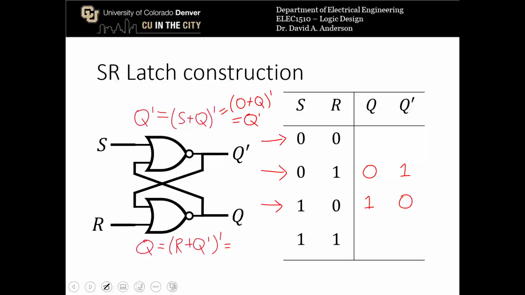Reset being 0 means that we get 0 or Q prime, so we just get Q out. So there's nothing more that we can say other than Q is equal to Q and Q prime is equal to Q prime. For all of these expressions, Q and Q prime are actually opposites, and so we'll call these stable states.